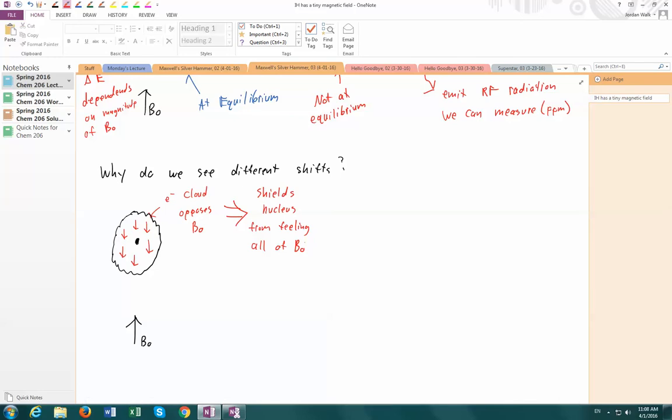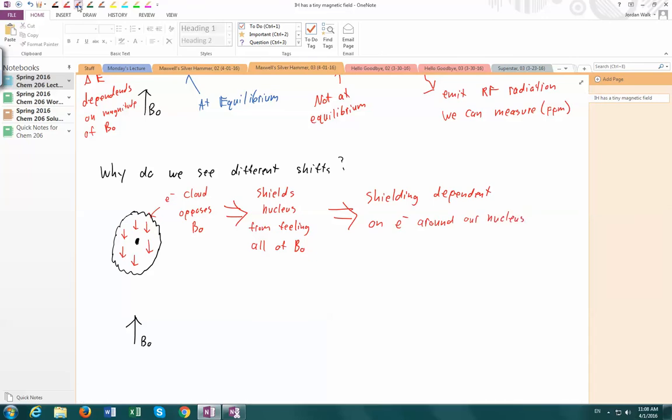And so if they have different delta E's, they're going to have different shifts, right, in ppm. So when we have a shielded nucleus, it feels that B naught less. And so importantly, we will say that shielding is dependent on what the density of electrons are around our nucleus.